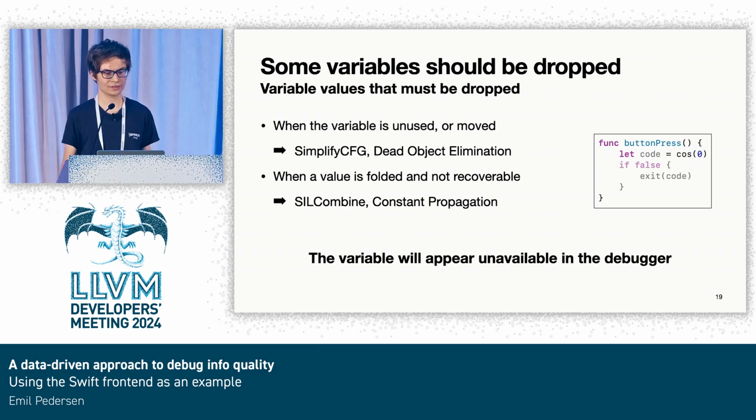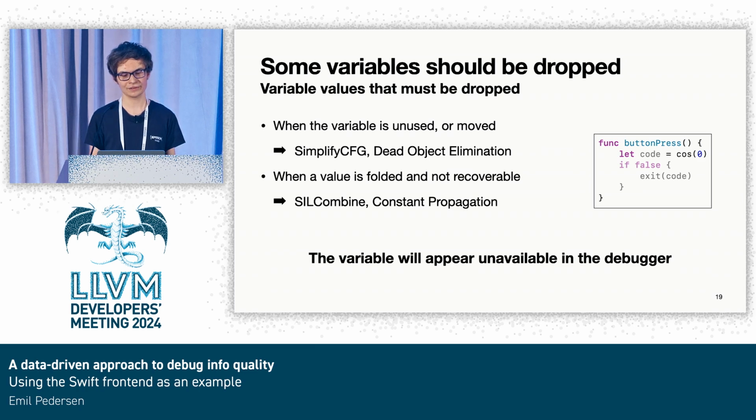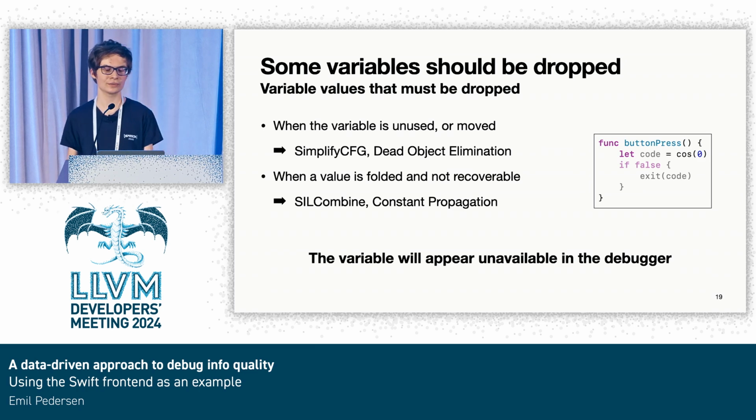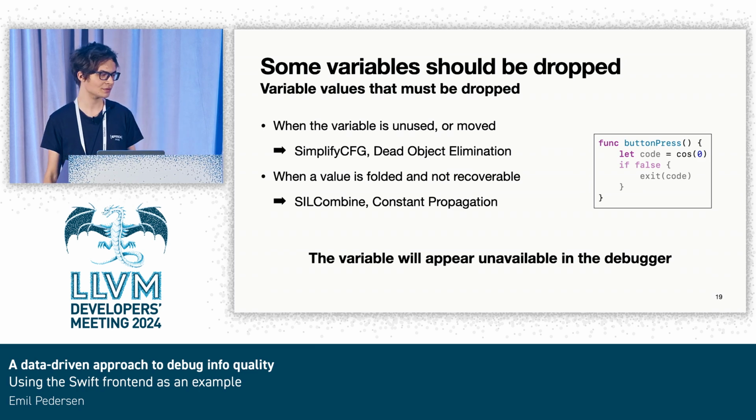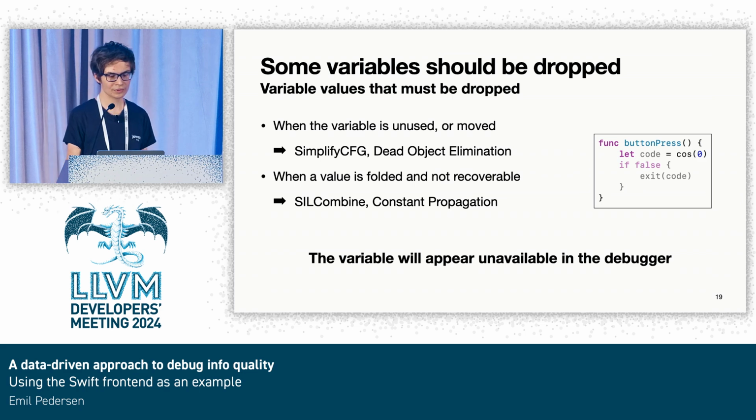Some variable values should be dropped when a variable is unused or when its computation is moved into a new scope. Then it can be unavailable in the original scope. So if we can't keep track of the variable, it must not be removed. It must be marked as unavailable at that location.